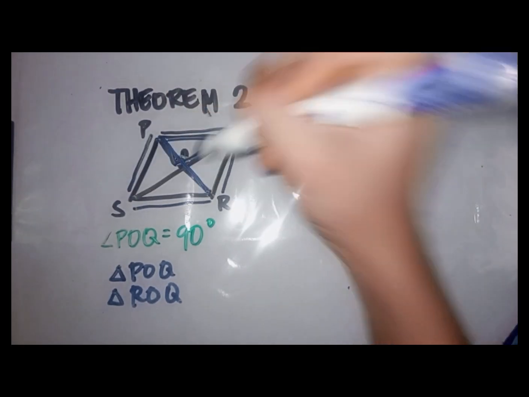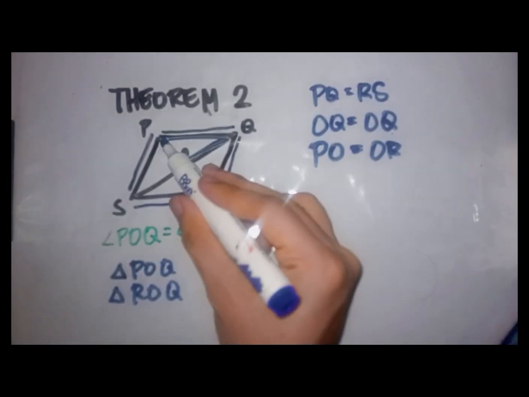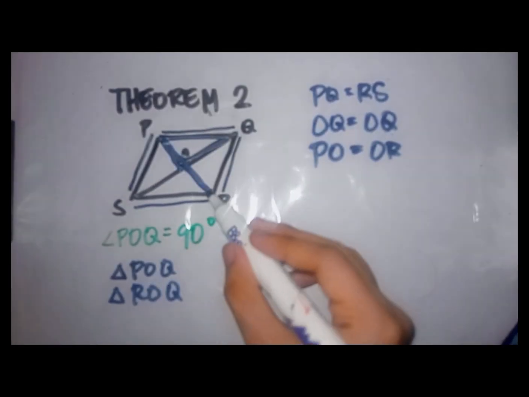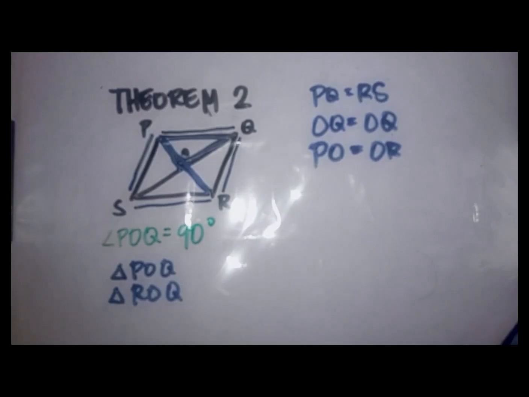So triangle POQ is congruent to triangle ROQ by side congruence, or SSS congruence.